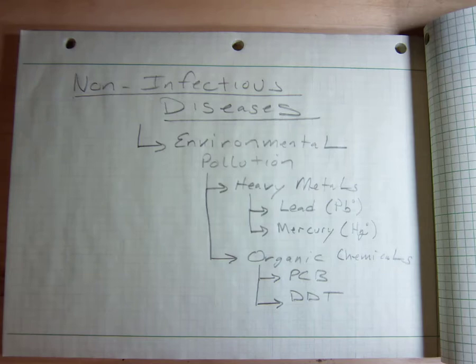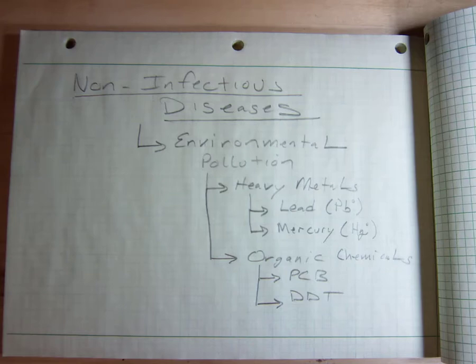Generally, various synthetic organic substances cause this type of problem, even in extremely small concentrations. Some organics are considered to be carcinogenic, which means they have the potential to cause cancer in humans.